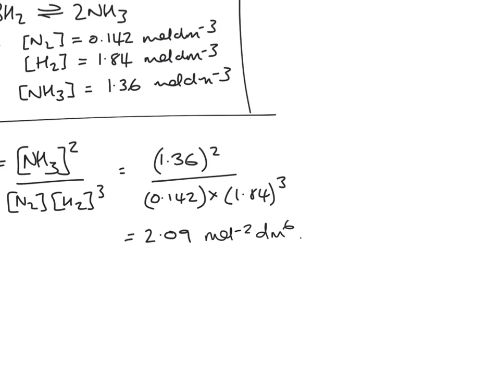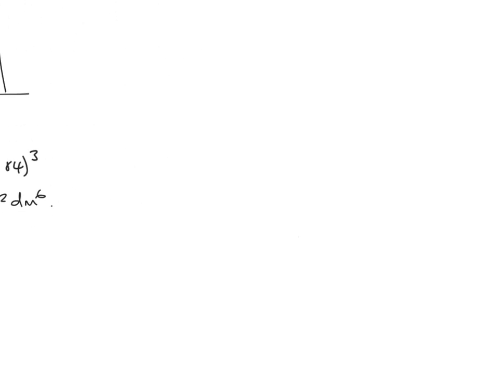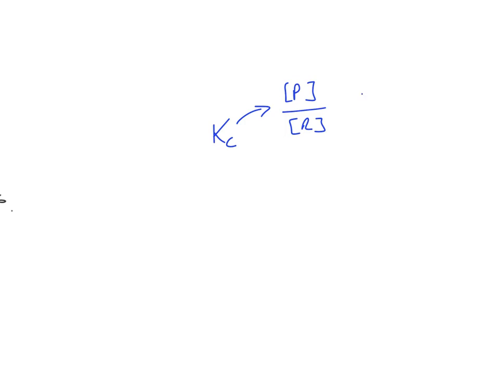Finally, a word on what Kc actually means in terms of what the numbers tell you in terms of the position of equilibrium. So as Kc is a product concentration over reactants, it is basically the same as looking at the ratio of the product's concentration to the reactant concentration.